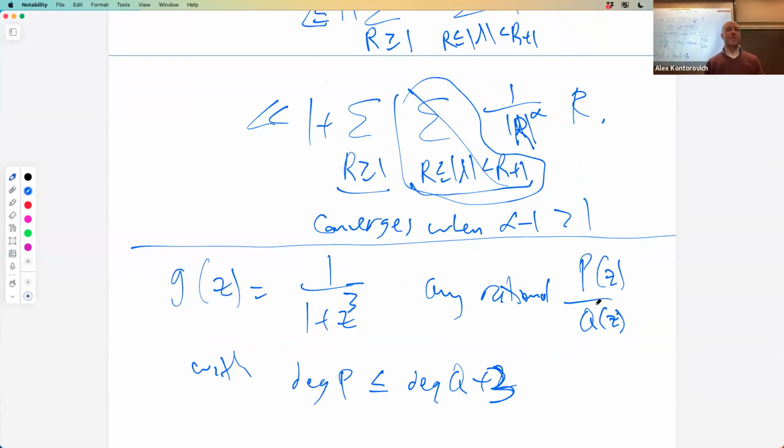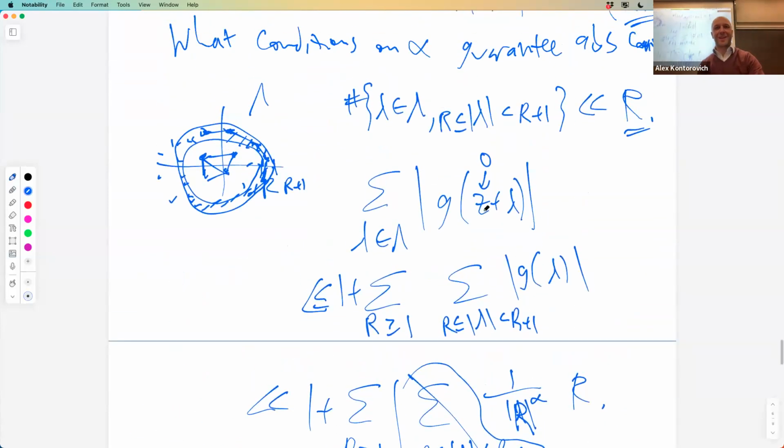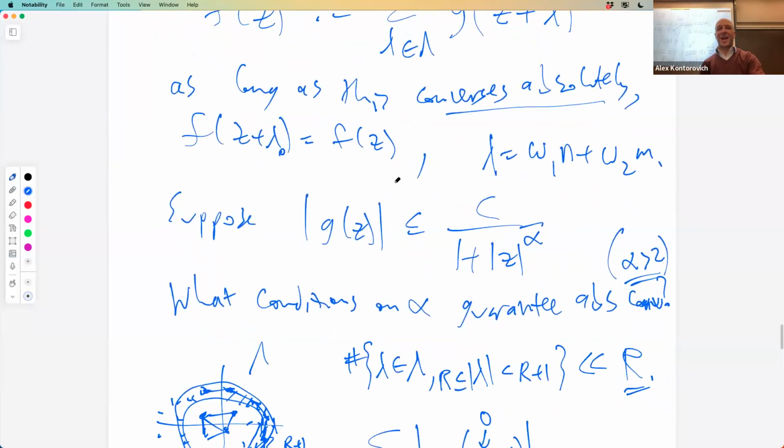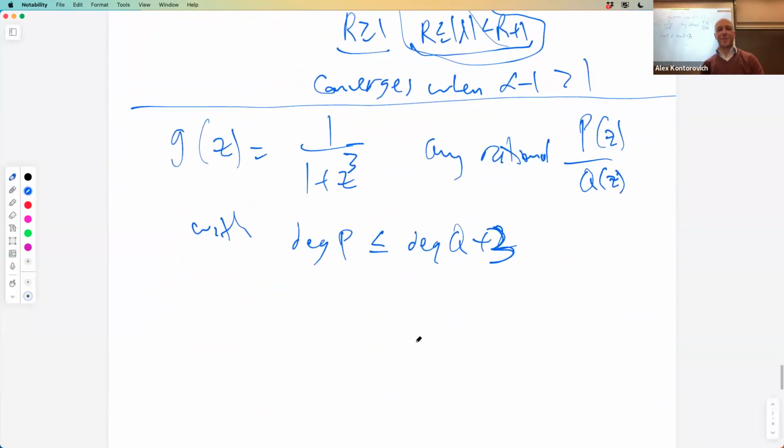So you just take your favorite rational function, average it over the group. You'll be able to average it over the group, and it'll converge.